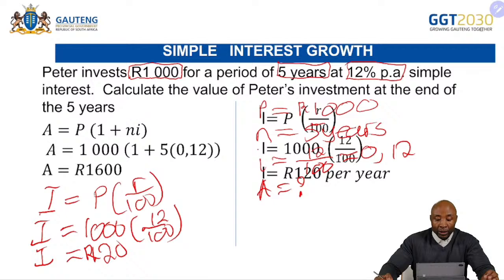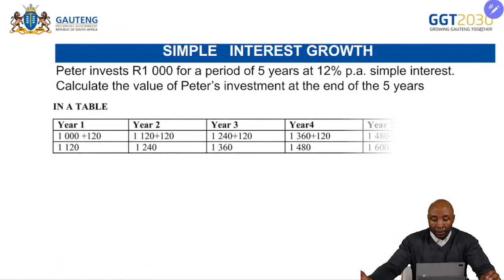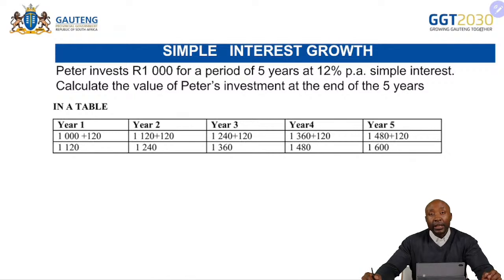But what will be the amount in the account? We can illustrate this using the table below. So you will realize that at the end of year 1, the investment was 1,000. We got an interest of 120 rand. So at the end of year 1, the amount that is in the account is going to be 1,120.